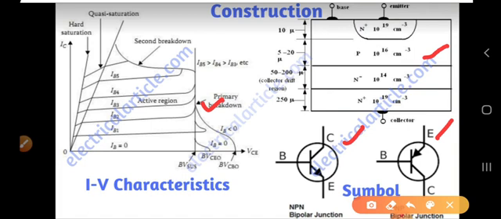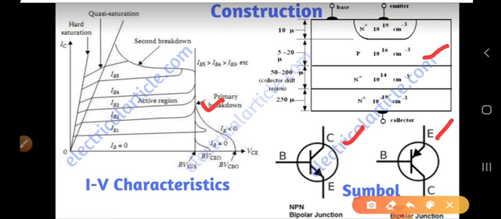Now we will move to the VI characteristics of the power BJT. VI indicates voltage and current of the power BJT. So what actually happens after giving the voltage, what current are you going to get?